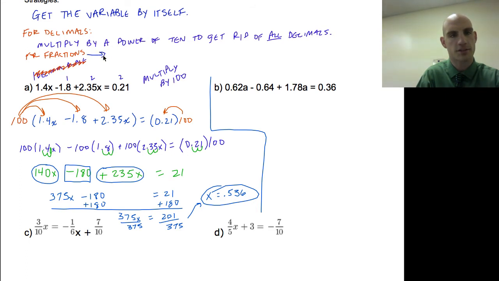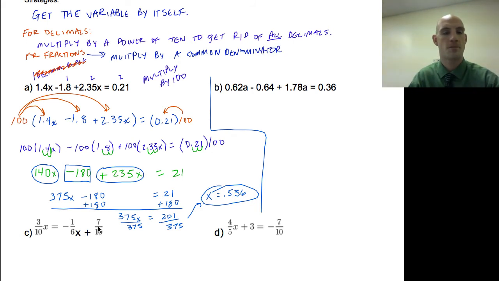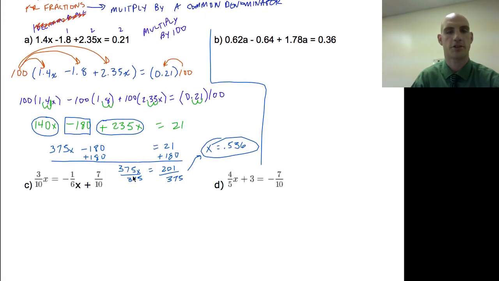So for fractions, multiply by a common denominator. What do I mean by that? I'll look at all the denominators present in the problem, and I'll multiply by a common one. Let's do an example so I can show you here.